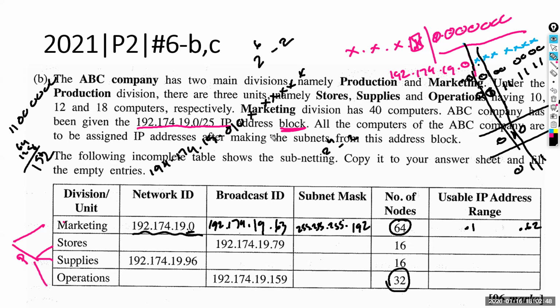Okay. So therefore I will take 0, 1, 1 for the operations. Right. So this thing is not going to change because we can have 0, 1, 0, 0, 1, 1. So let's assign 0, 1, 1 to the operations.